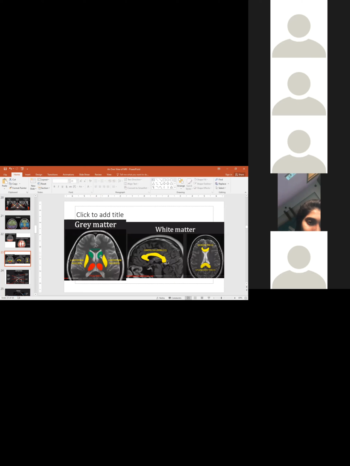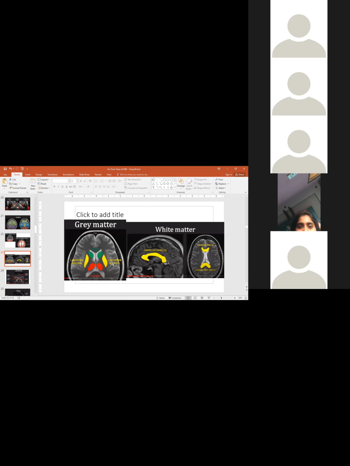Around them, these green labeled structures are the caudate nucleus. And these yellows are the lentiform nucleus. And just behind them, near the midline, these red nuclei are the thalami. This is the right thalamus, this is the left thalamus.